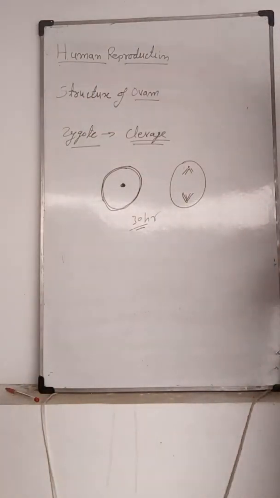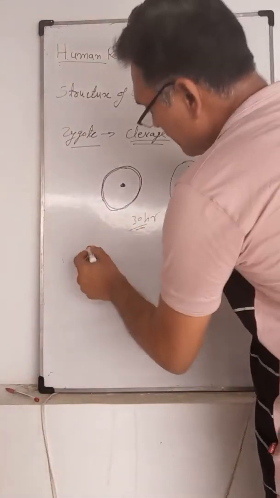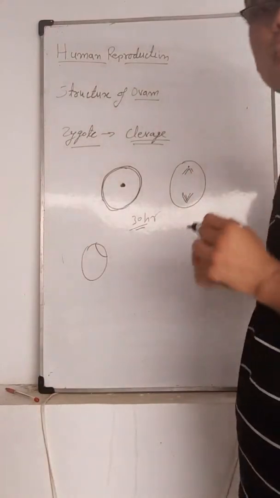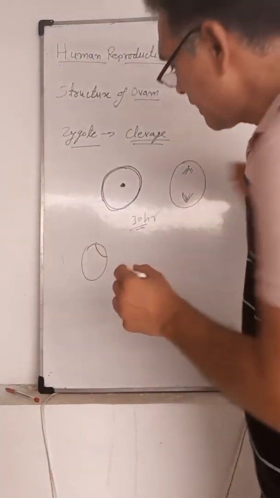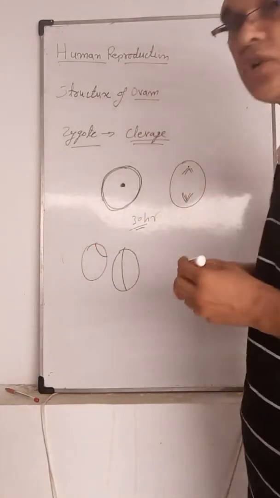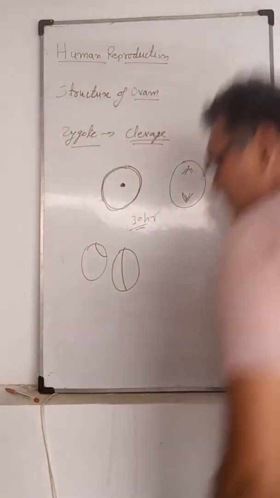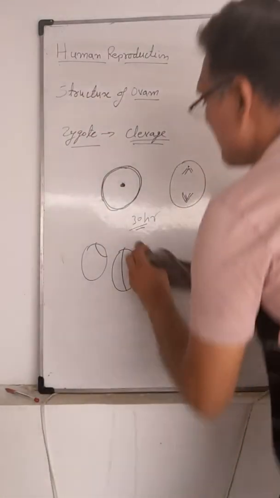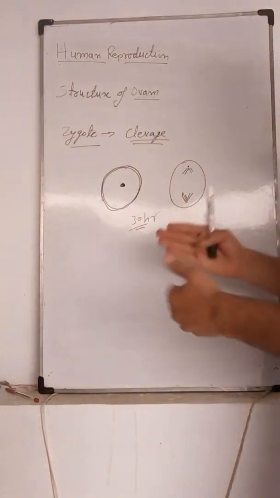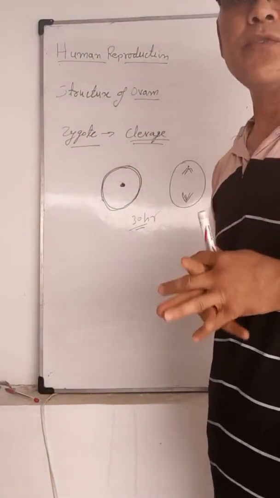In human beings, holoblastic division occurs. Holoblastic means the cell divides completely into two parts, unlike meroblastic division. In humans, division starts just after fertilization inside the fallopian tubes.